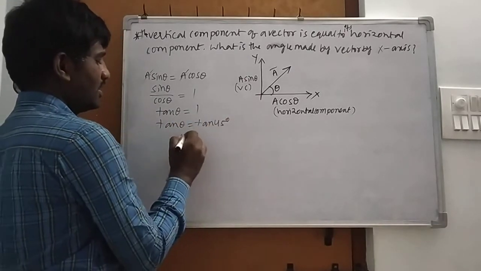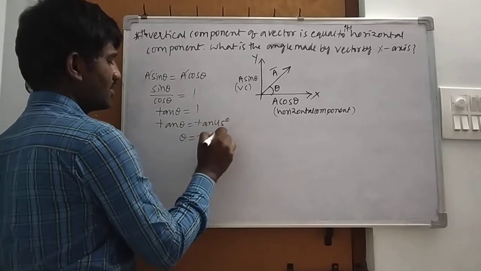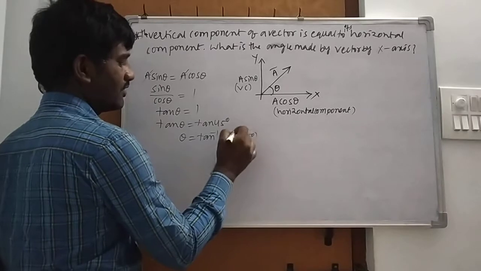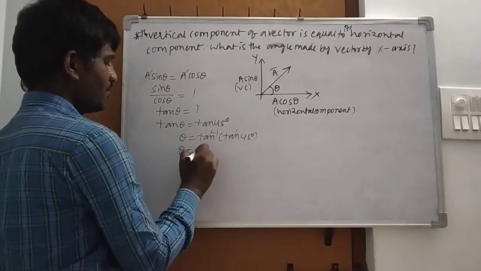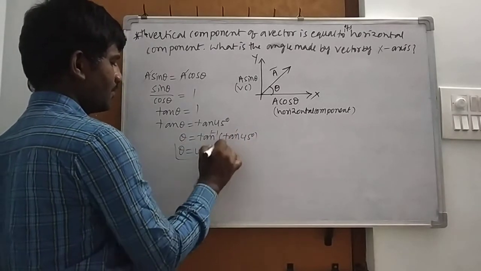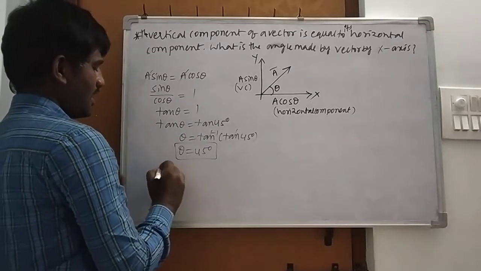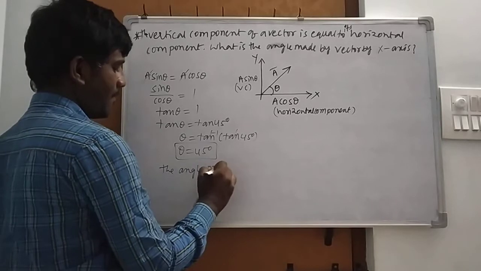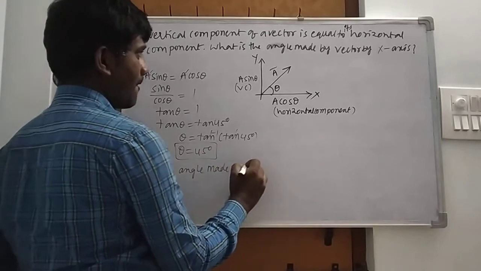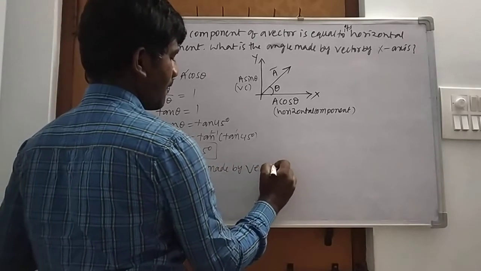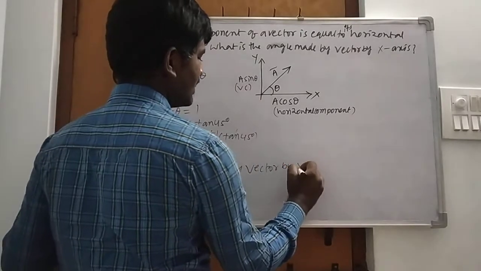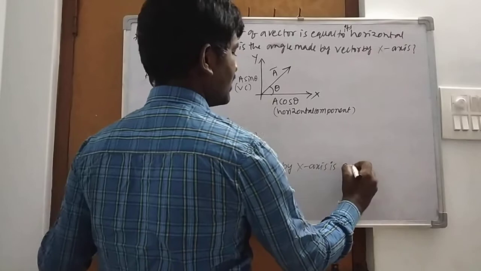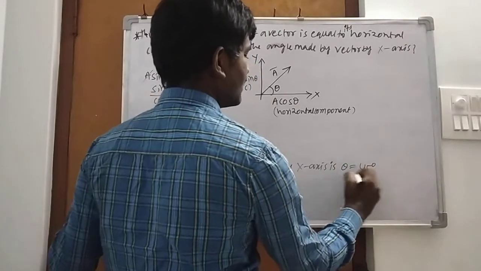So theta is equal to tan inverse of tan 45, that is nothing but theta is equal to 45. That is the angle made by the vector with the x-axis, theta is equal to 45 degrees.